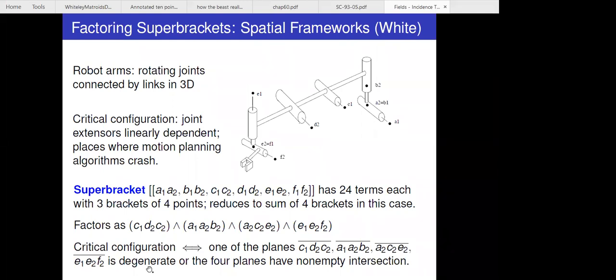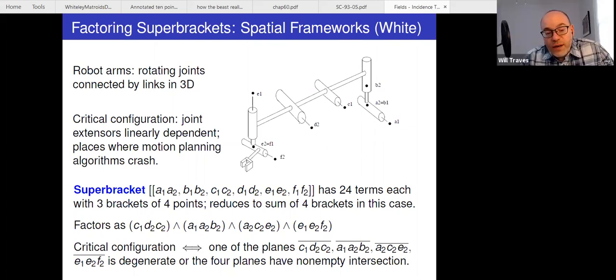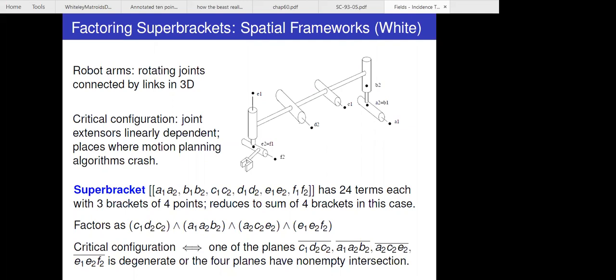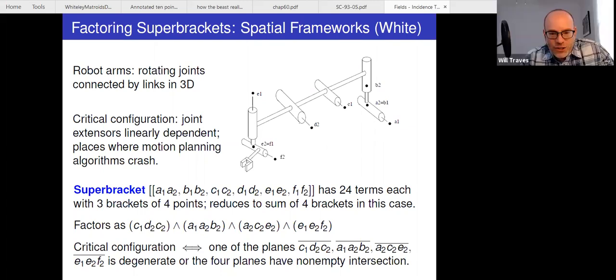So, Will, the name super bracket, I just want to confirm it has nothing to do with the coordinate ring of the super Grassmannian at all. Oh, I have no knowledge of that, so I don't know. But okay. My guess is that they just came up with another name. To be honest, I'm not very keen on both super bracket and pure condition as names for things.